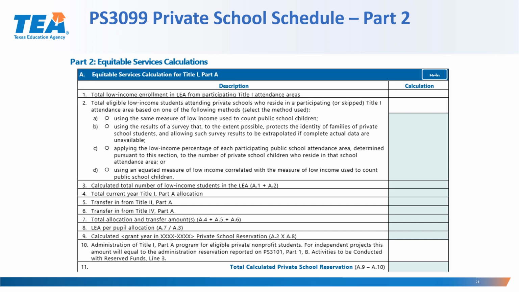The LEA would input the low-income enrollment count for participating Title I attendance areas, as well as the total eligible low-income students attending private schools who reside in a participating or skipped Title I attendance area. The enrollment counts should include only those students ages 5 through 17.